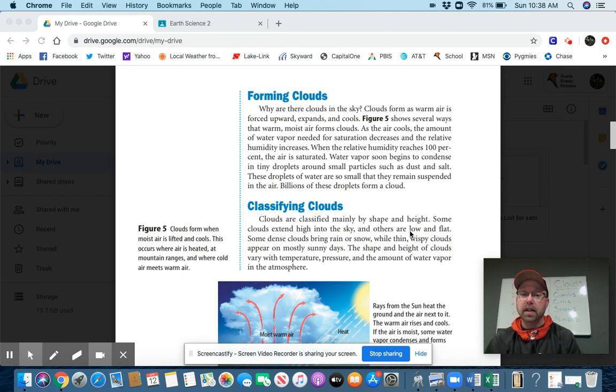So here's the first question. Are clouds a solid, a liquid, or a gas? I will wait. Wrong or right? I don't really know. Unfortunately, a lot of people think of clouds as being a gas, and that is not right.